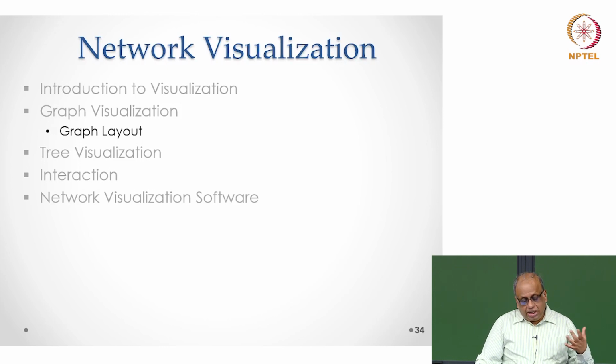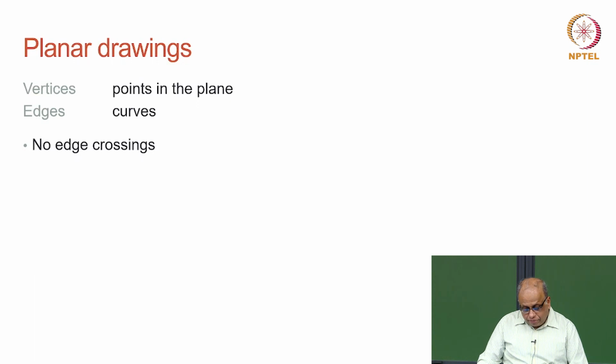You try to minimize edge crossing, you try to draw it in the smallest area, you try to have uniform edge length. So there are a lot of aesthetic criteria, and people have been trying to create various kinds of graph layout algorithms. We will now look into those. Okay. So we talked about planar drawings.